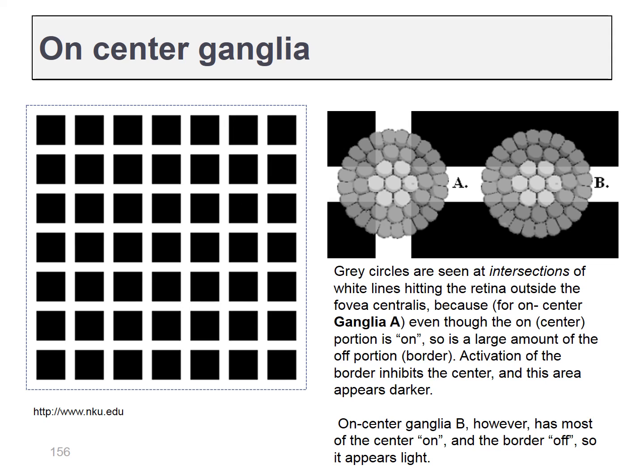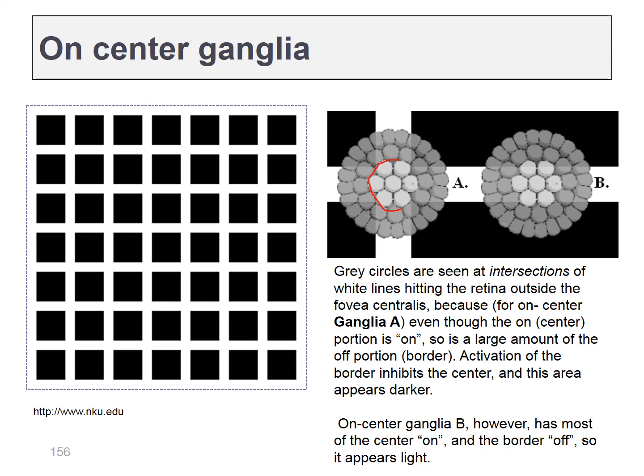Well, that's because when we focus on one of the intersections, the light from that image is hitting the fovea centralis, which relays fairly literal information to the brain, and it's telling us exactly what is there, a white crosshair. But in my peripheral vision, all of the other intersections are mostly hitting rods, which are hooked up into on-center and off-center ganglia.